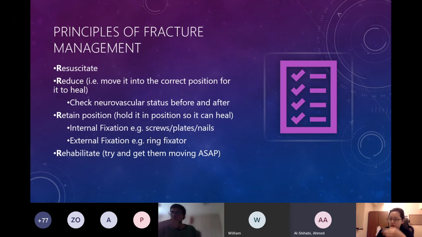But if something is broken, for example, the shaft of a long bone, you are probably going to want to open the person up and stick a screw inside their bone. That's what internal fixation is. So, open repair, internal fixation, the open bit is because you are cutting a person open. The internal fixation bit is because you are fixing the bone internally.